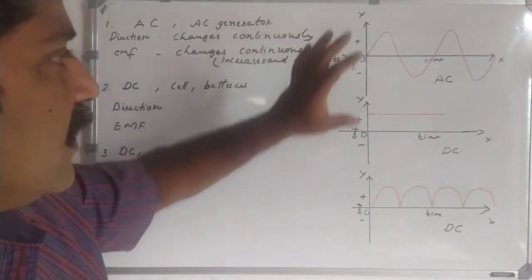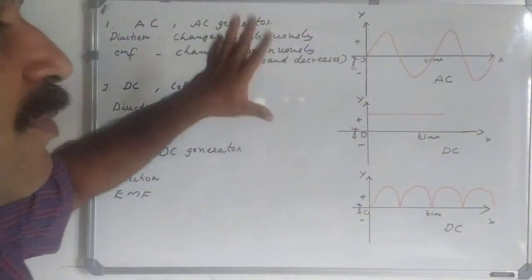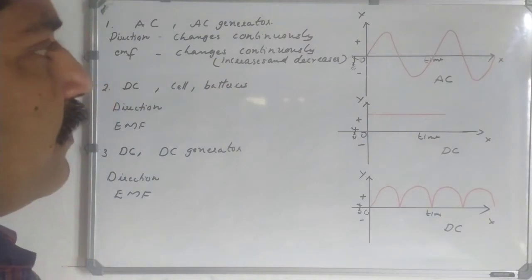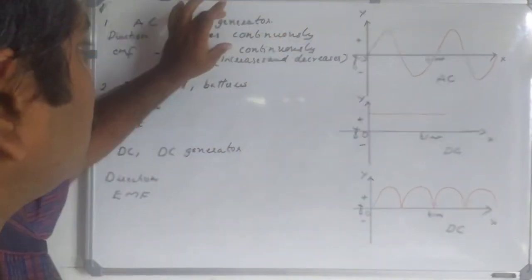So in the case of AC, simply we can say both direction and EMF change. Such a type of current is AC.